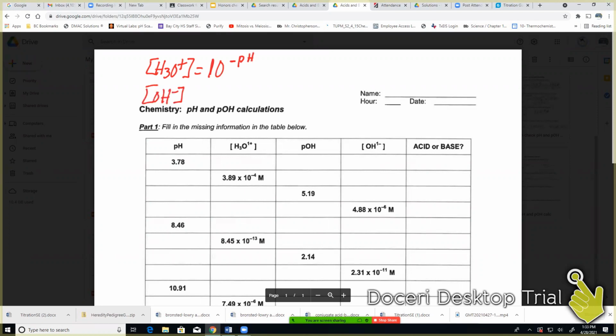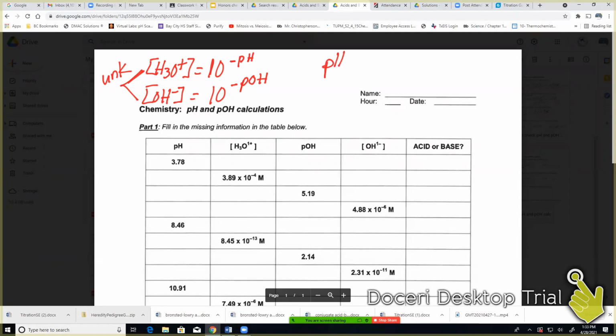And then my OH would be 10 to the negative pOH. So that's if your unknown is your concentrations, because that means you would already have pH and pOH.